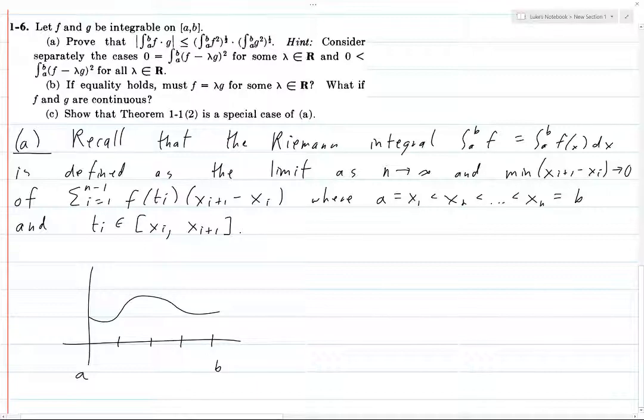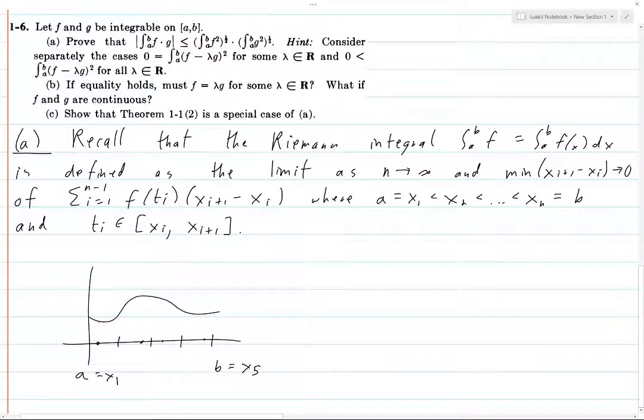No. 1, 2, 3, 4, 5. n would equal 5 here. So this is going to be x1, x2, x3, x4, and this is x5. And then we've got 4 intervals here. And for each one, we choose some point. It doesn't really matter which point. And then you go up to here.